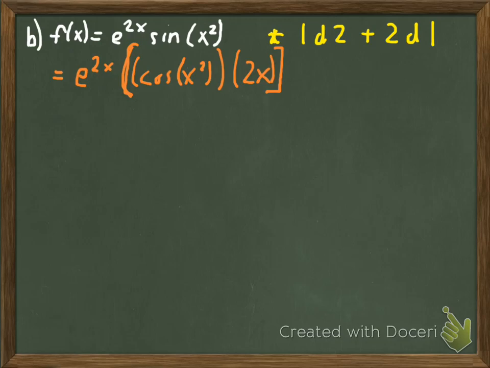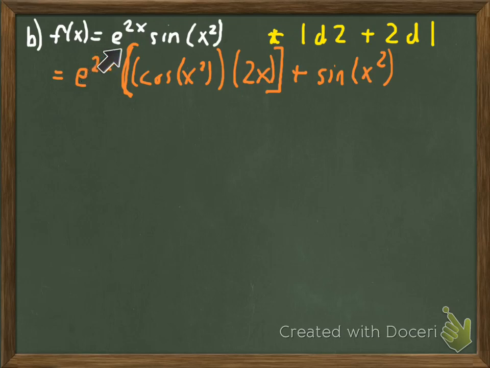Now we need to do plus the second function, sine of x squared, there we go, times the derivative of the first function. And when we take the derivative of e to the 2x, you've got to use the chain rule for that also.